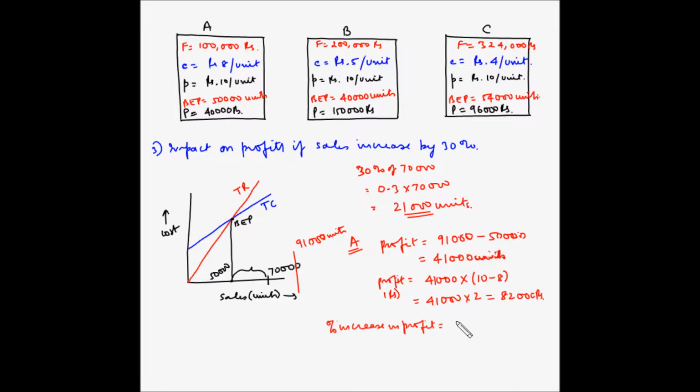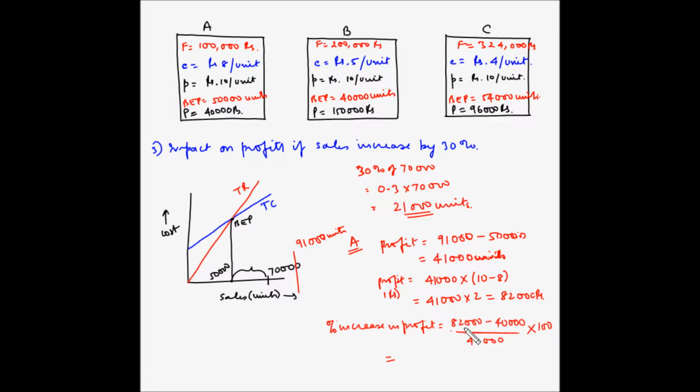And that will be equal to the new profit in rupees, which is 82,000, minus the old profit, which is 40,000 rupees, divided by the old profit, which is 40,000. This is because we want to see how much percentage increase is there on top of the original profit, and then multiplied by 100.